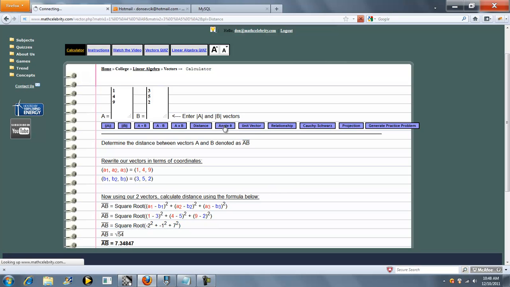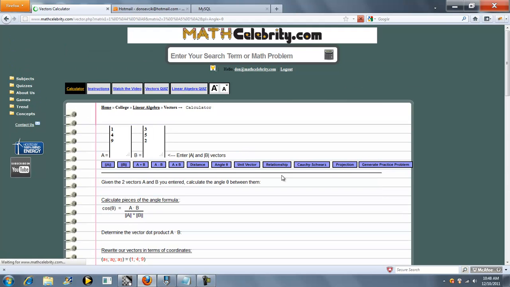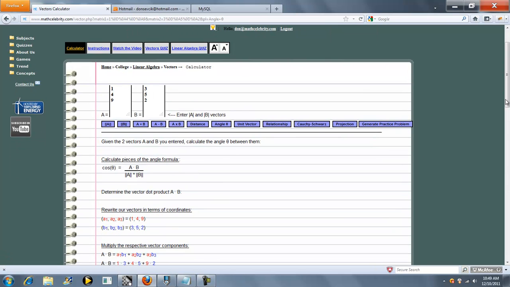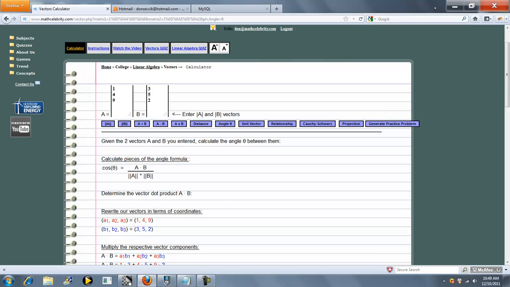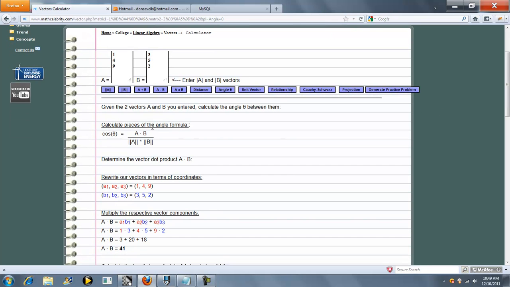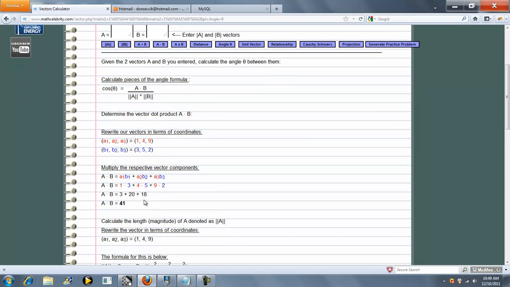We can calculate angle theta between the two vectors. So here's our formula: the dot product of A and B divided by the product of the magnitude of A times the magnitude of B. So first we calculate the dot product. It's 41, which if you remember we actually did on this A times B button.